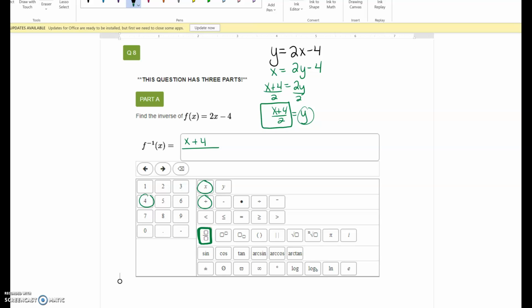And remember, you can use your keyboard as well. I'm just showing you how it is on this math keyboard that they give you. And then you just click on the bottom and click 2. X plus 4 over 2. If you try to type in x plus 4 and then hit this fraction button, it's going to throw everything out of whack. So you need to hit the fraction button first. So you might want to make yourself a note. Fraction button first.